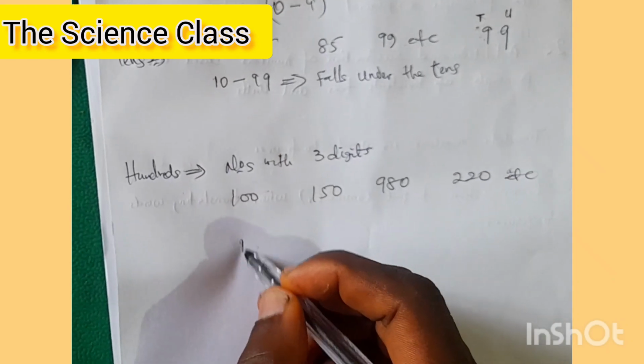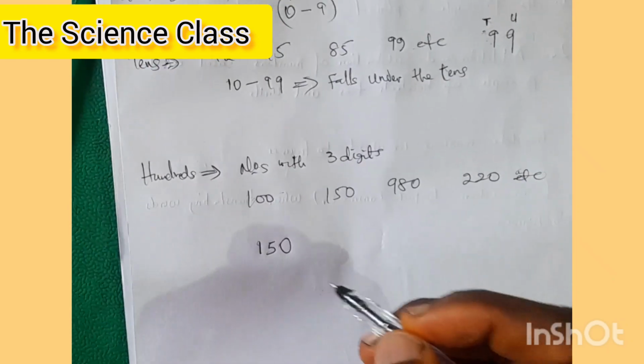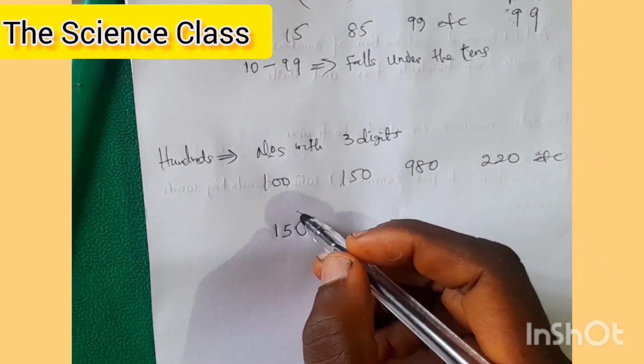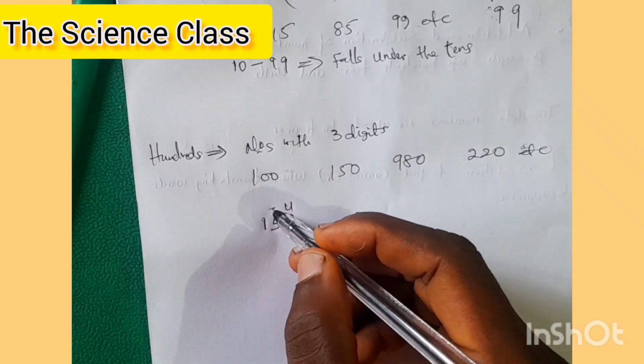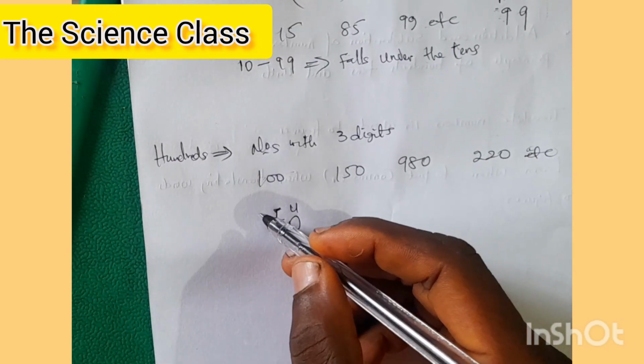Writing 150, for example, you see the first digit from the right is the unit, the second is the tens, and the last is the hundred.